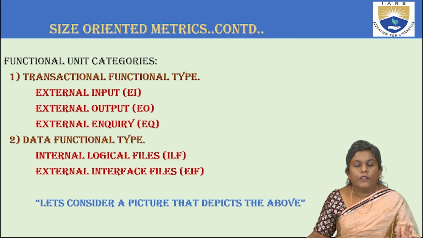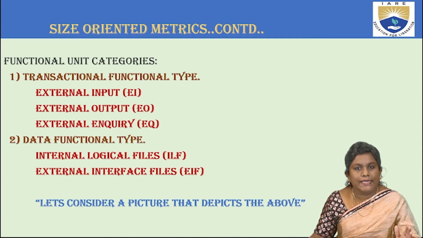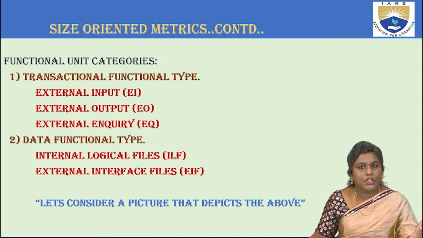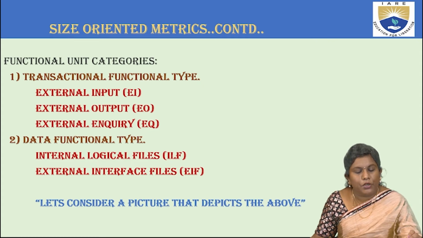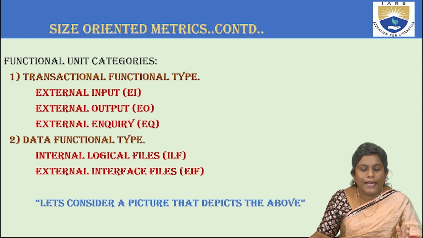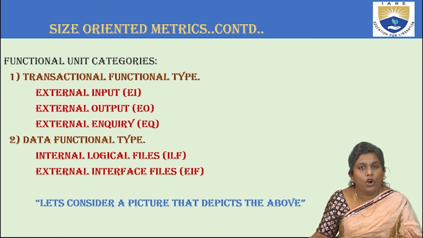So I repeat, the functional unit categories are broadly categorized into 2 main things: the transactional function type, involving EI, EO and EQ, and the data function type, involving ILF and EIF, that is internal logical files and external interface files.